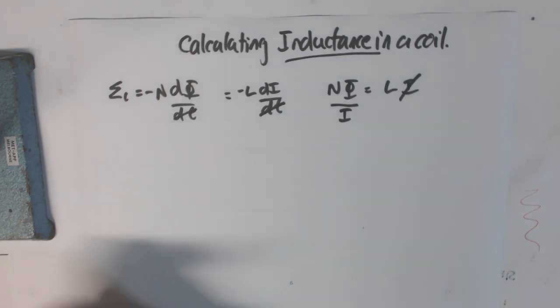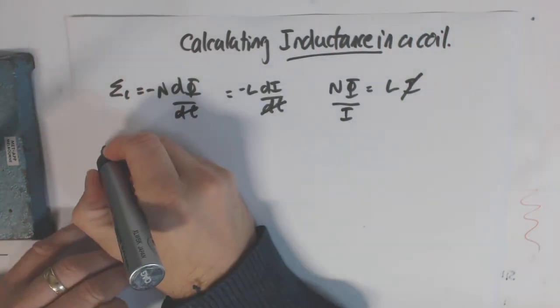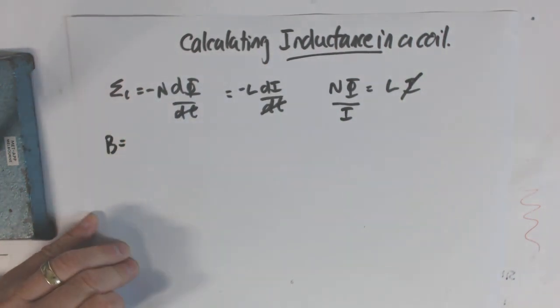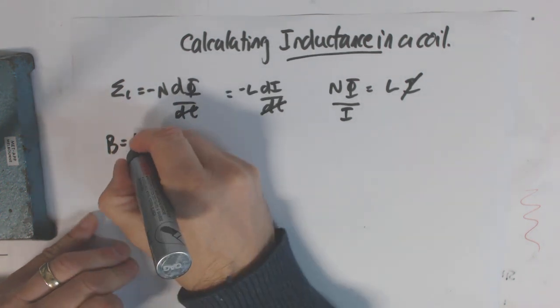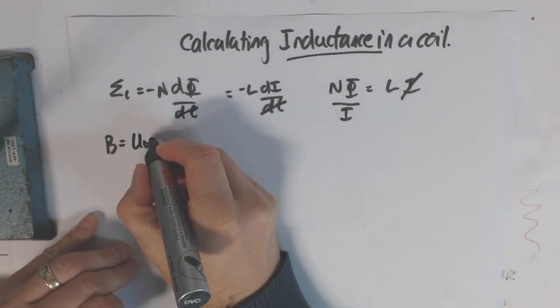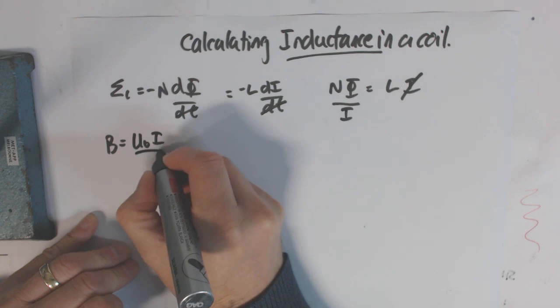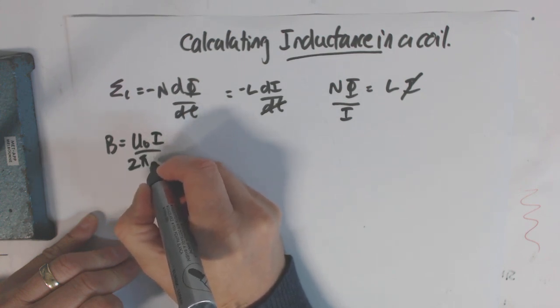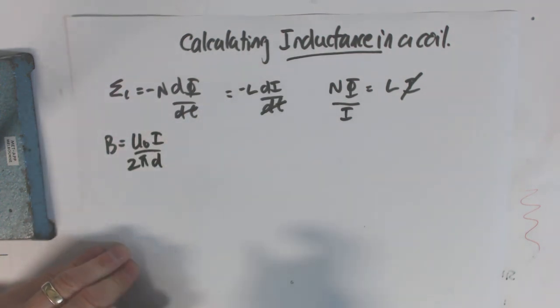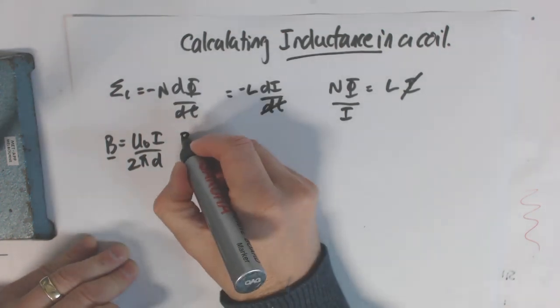Now, you probably remember that in year 11 you had a formula for the magnetic field around a wire, distance from a wire, magnetic field. You probably won't have had this formula, which I don't know why.